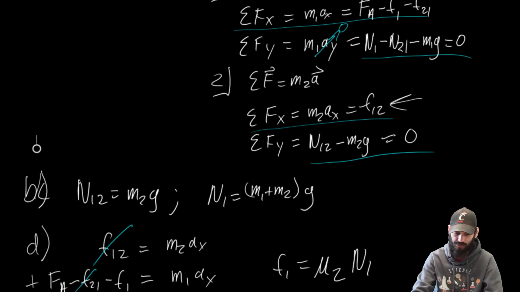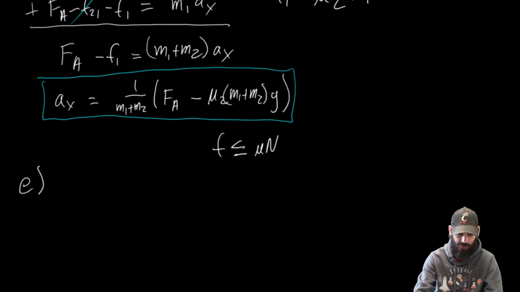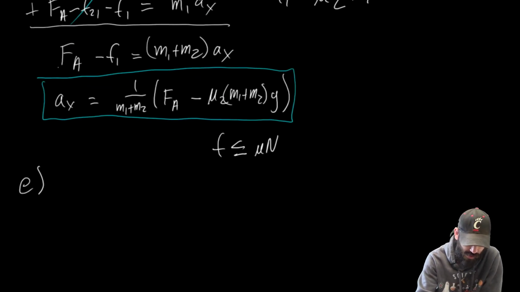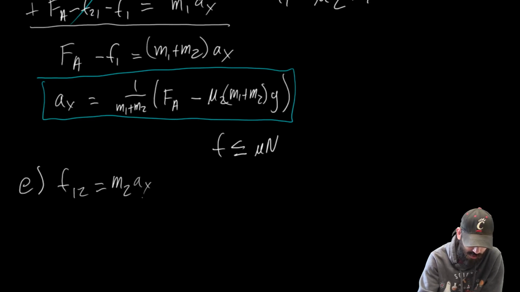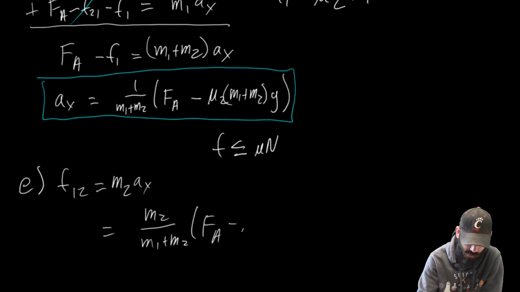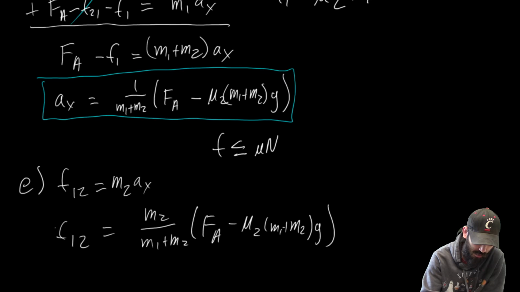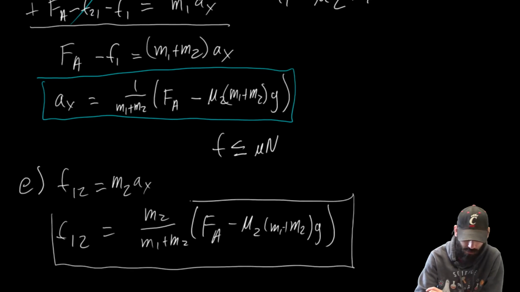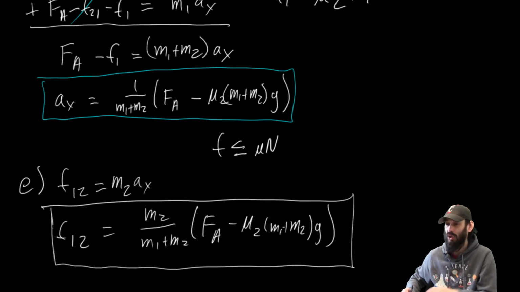So when we plug in this ax here, this force of friction, F12, is going to be equal to m2 times ax, which is equal to m2 over (m1 plus m2) times (Fa minus mu2 (m1 plus m2) g). Okay, so this is what the force of friction is when it's below its maximum value.